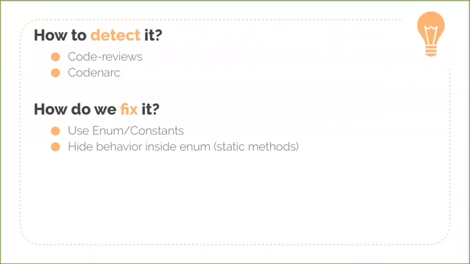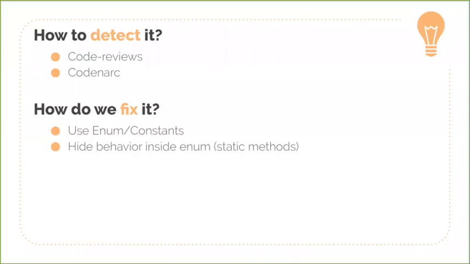And if you use an enum, hide all the behavior inside that enum class, writing static helper methods to check the status of your enum. So you shouldn't expose the values. I mean, you shouldn't use those values outside your enum for doing checks. For example, what happens if I want to check if a user is active?